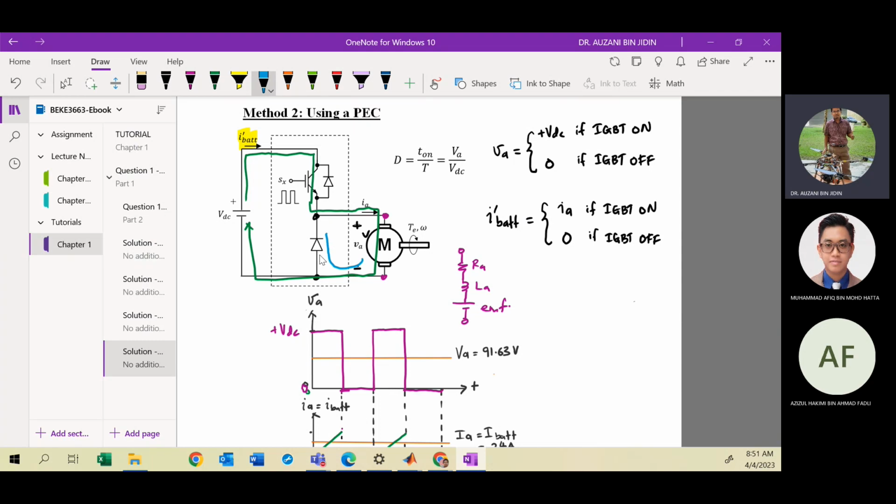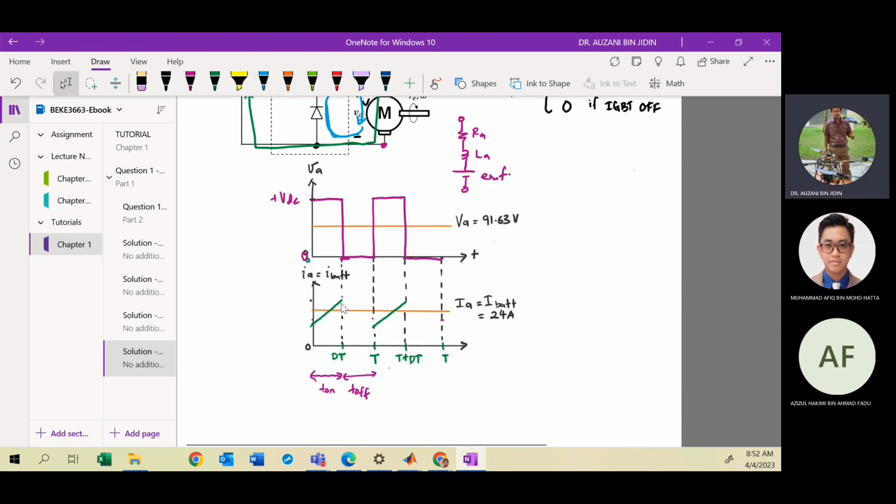So that is the purpose of inserting the diode across the motor: we need to provide an alternative path for the current. It cannot flow through the battery because the IGBT is open. So current will flow from anode to cathode, turning on the diode. The diode is in forward bias, then it circulates through this loop. So your current will be discharged linearly.